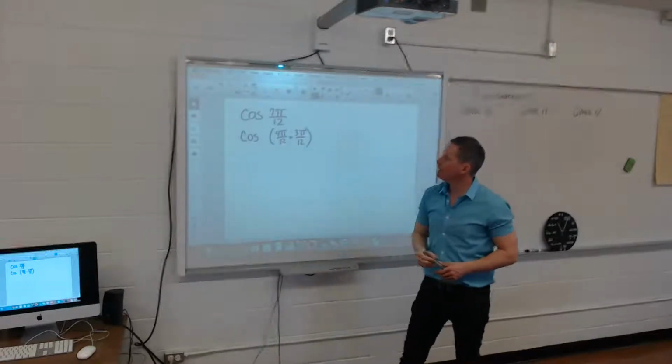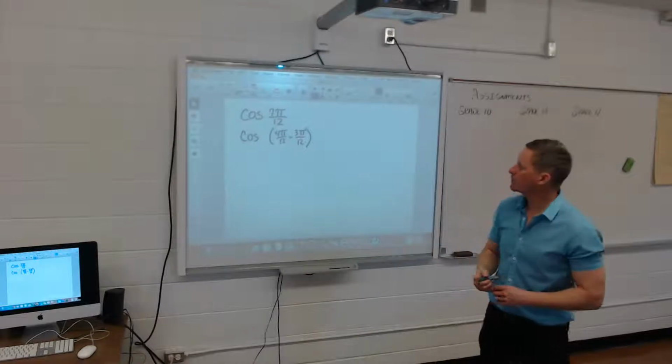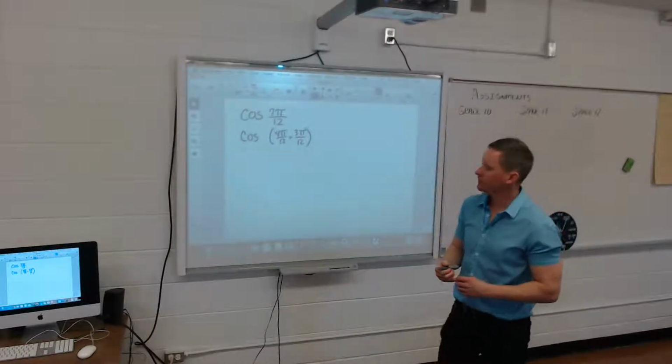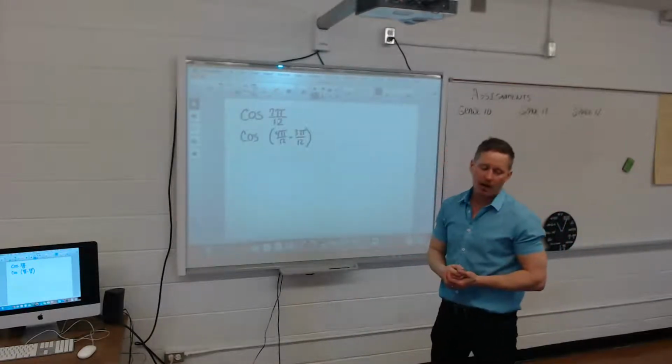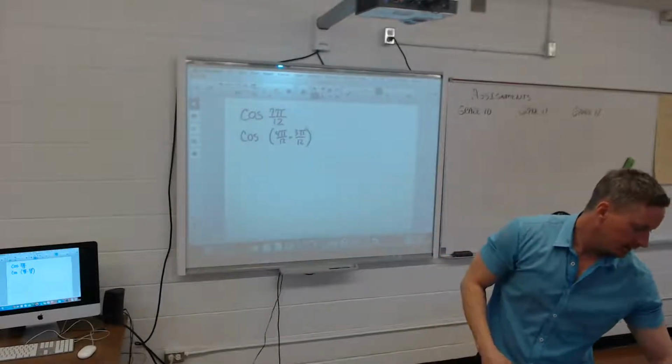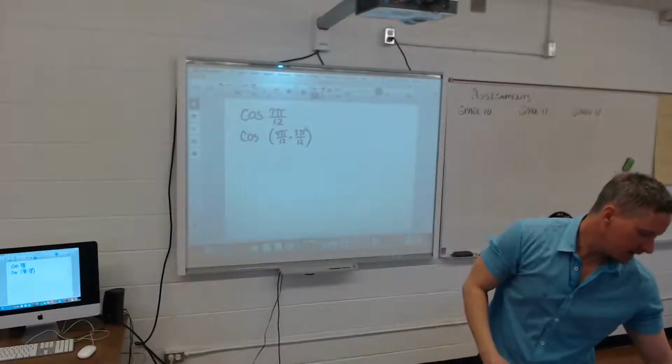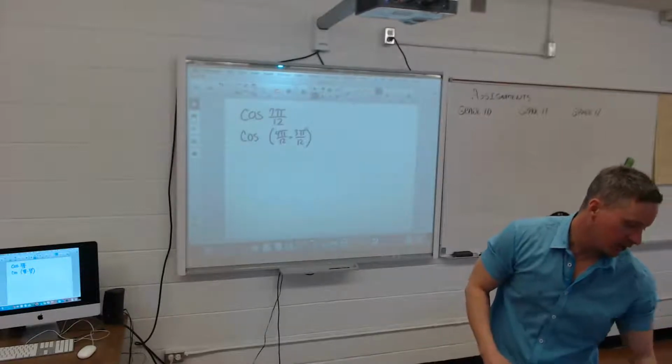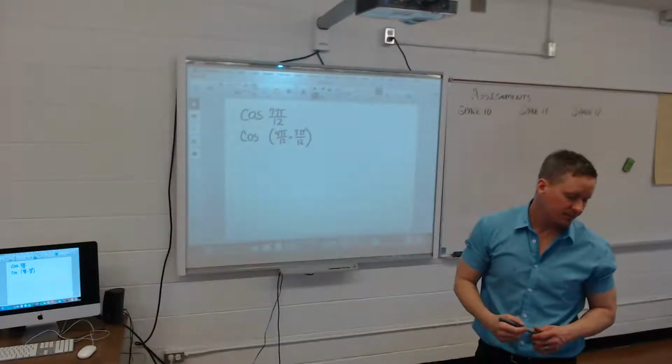I can change 7 pi over 12 to 4 pi over 12 plus 3 pi over 12. That still gives me 7 pi over 12. All right. So then the identity for the cos of alpha plus beta.